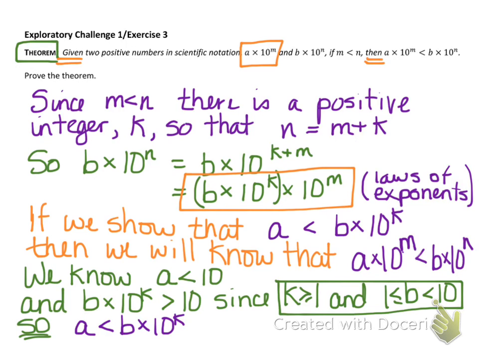We know that a has to be less than b times 10 to the k. So since I've shown that a is less than b times 10 to the k, then I know that these numbers in scientific notation are also ordered in the same way.